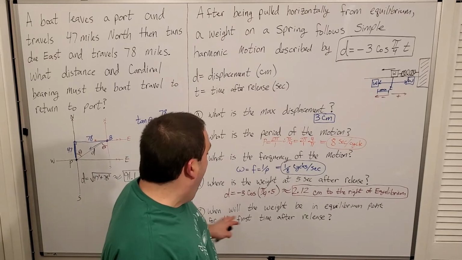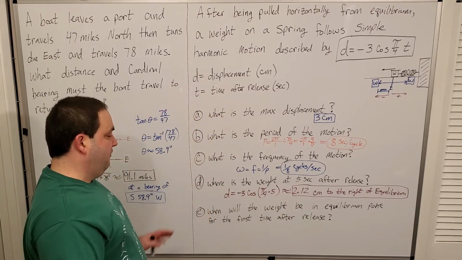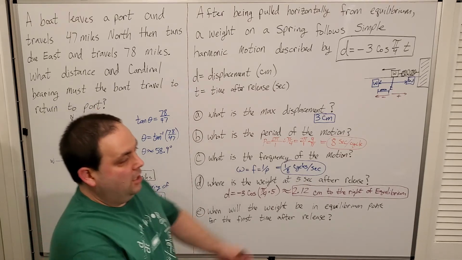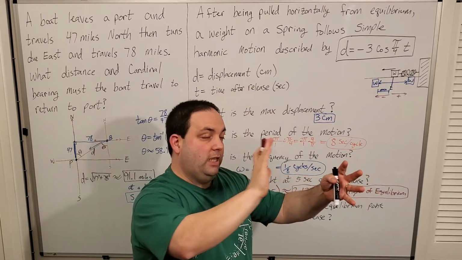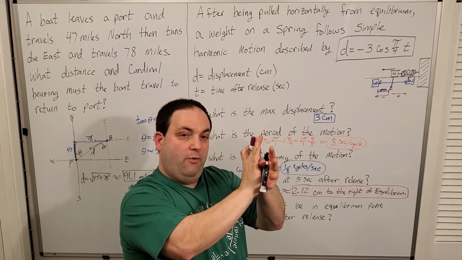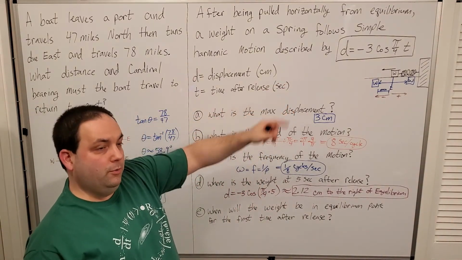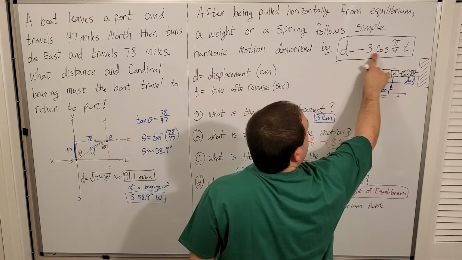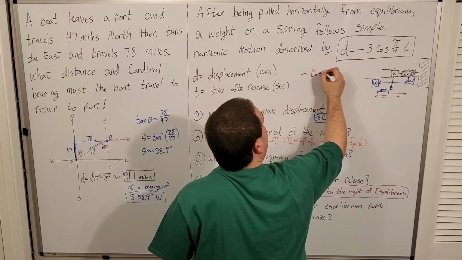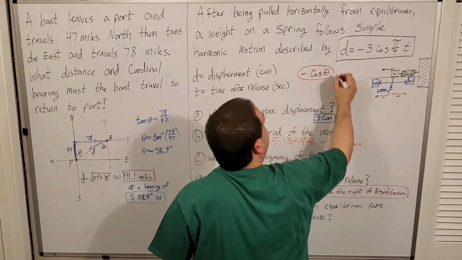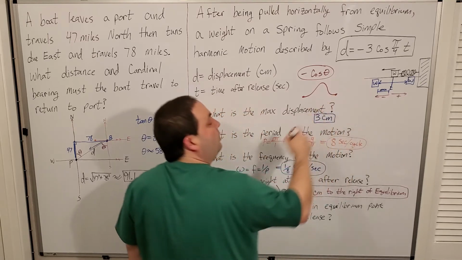Okay? When will the weight be in the equilibrium position for the first time after release? So I stretch it out, I release. When exactly? How much time passes before it hits that equilibrium? Well, this is a cosine, remember? Since it's a negative cosine, okay, remember, a negative cosine graph did this, right? Remember when we were graphing it?